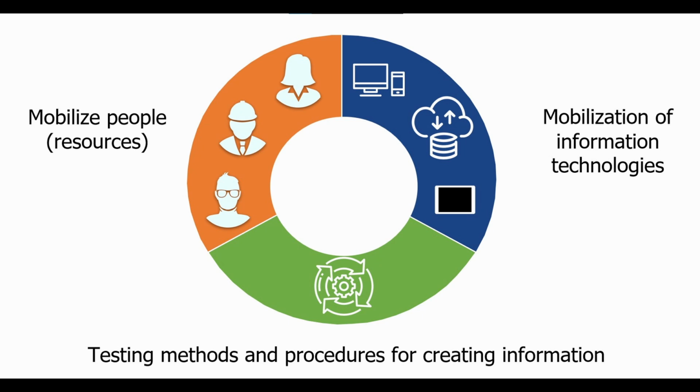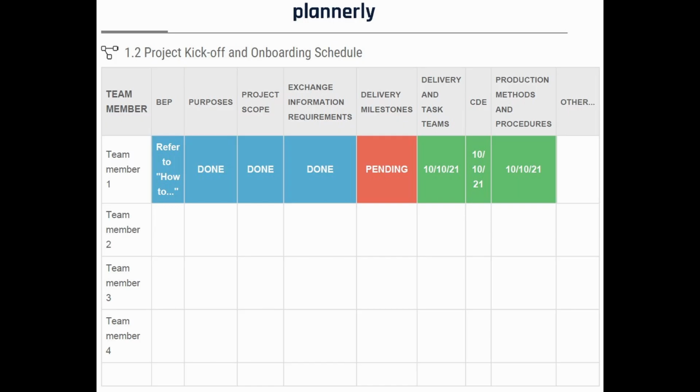At this stage of the project, the previously prepared mobilization plan should be utilized, systematically checking off each task on the list that the client expects from us. This may include, for example, verifying access to the CDE, testing the submission of documentation at the end of a milestone, assessing the team's ability to export files in various formats, purchasing necessary equipment, or conducting additional training within the delivery team.